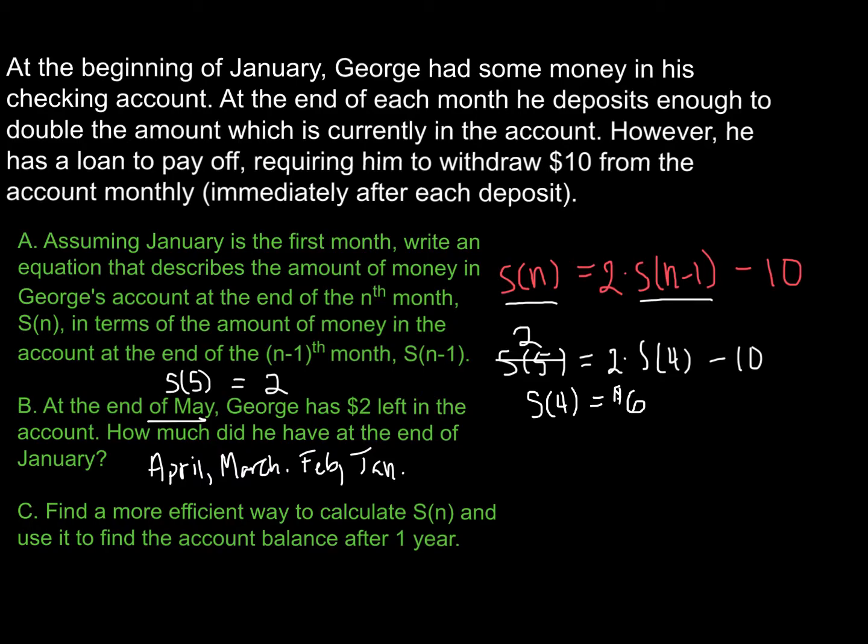So I know that 6 is equal to 2 times S of 3 minus 10, and so S of 3 is going to be 16 divided by 2, or $8. I can continue to work back, so that will be 2 times S of 2 minus 10, and so after February that's 18 divided by 2, which is $9.